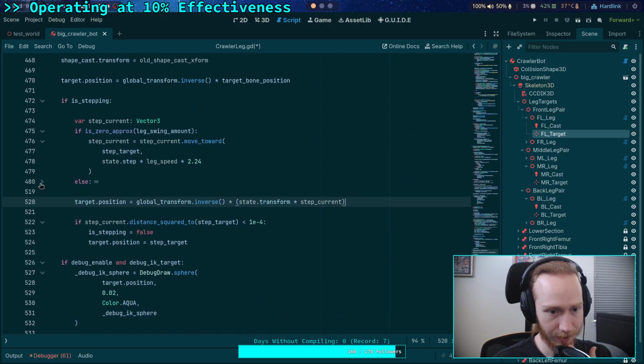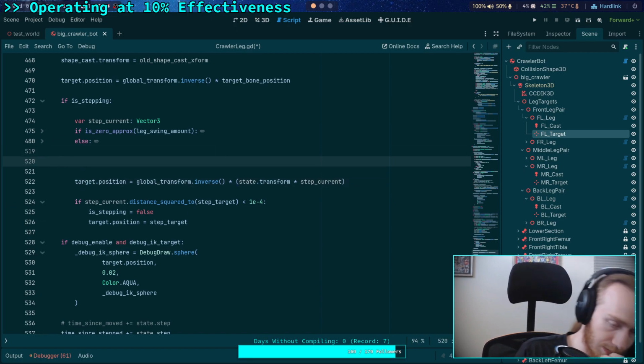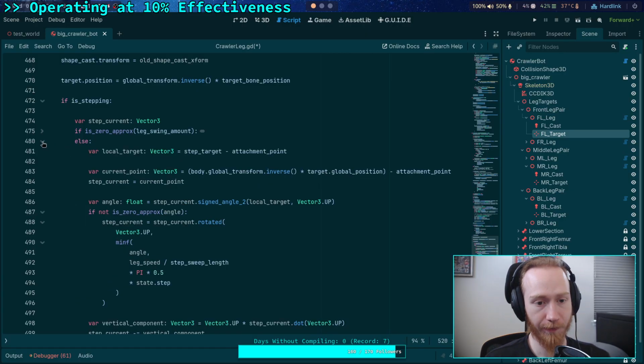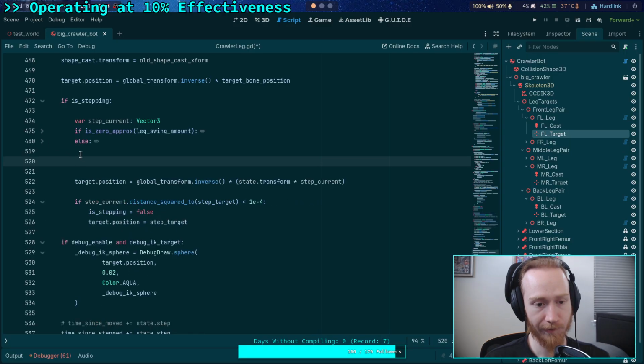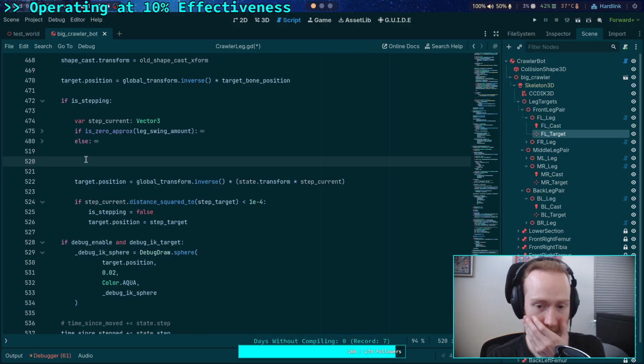Okay, so I guess I do need something to move it up and down at this point. So let's say... Step current is a point relative to... Oh, wait a second.